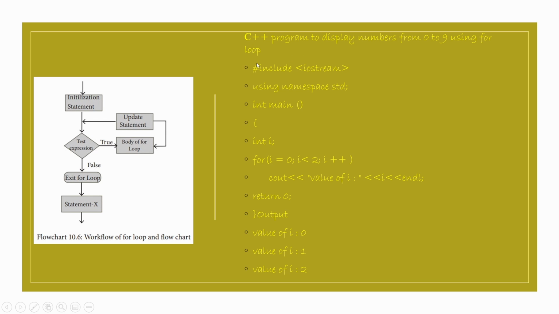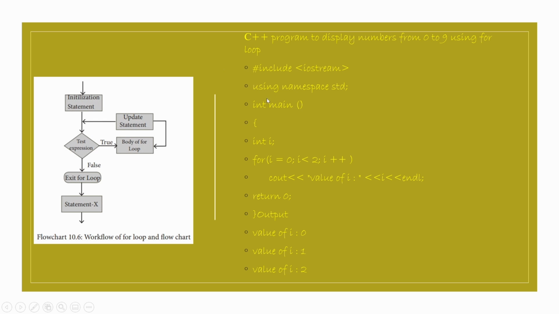I wrote a very simple program to depict the for loop in detail. First, the iostream header. I will discuss the structure of a C program in detail maybe two or three videos later.